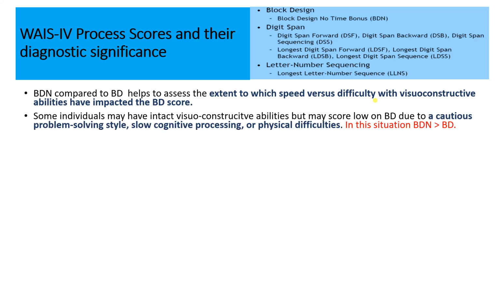For example, some individuals may have intact visual constructive abilities but may score low on the standard block design scoring test because of several reasons. For example, a slow problem solving style may result in a lower score. Slow cognitive processing is another factor. Similarly, some sort of physical difficulties in crossing or writing may result in a lower score.